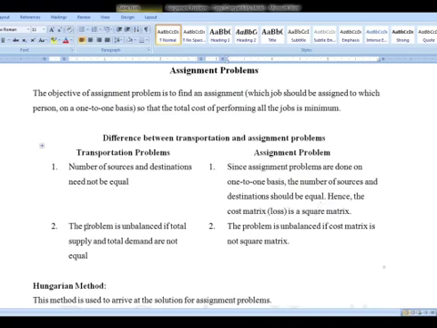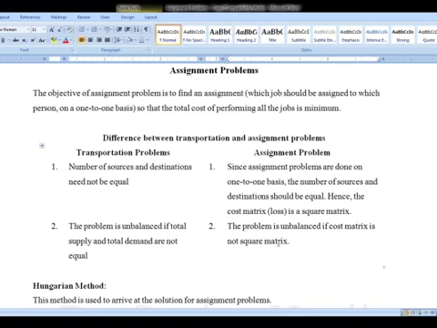Okay. Now, a problem is unbalanced if total supply and demand are not equal. As you have already seen in transportation problems, if supply and demand are not equal, then it is called an unbalanced problem. In an assignment problem, it is called an unbalanced problem if the cost matrix is not a square matrix.